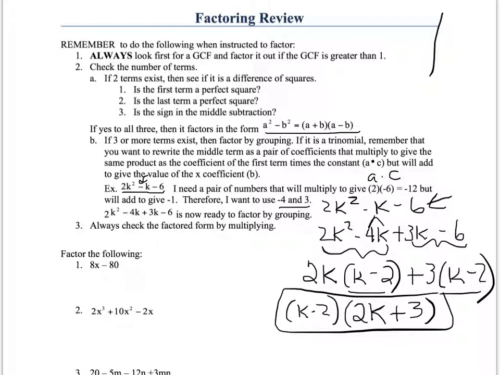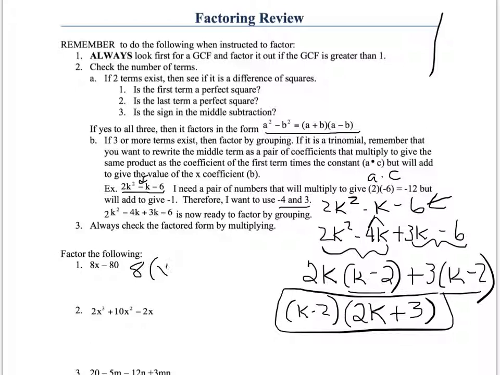If you look at number 1, it doesn't matter how many terms I have, I always check first for a GCF. And so there's only 2 terms here, 8x, and then I have a minus sign in my second term. Following the minus sign is the 80. So my GCF is 8. If I open a parentheses now, this is backwards distributive property, factoring out the GCF.